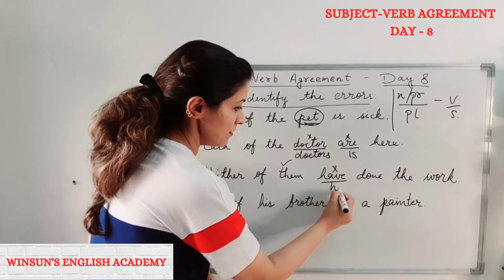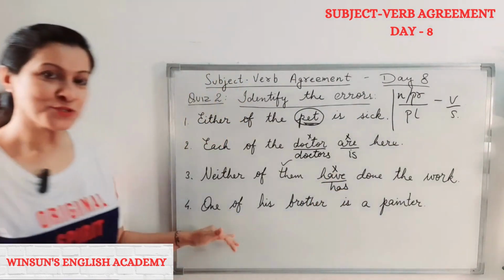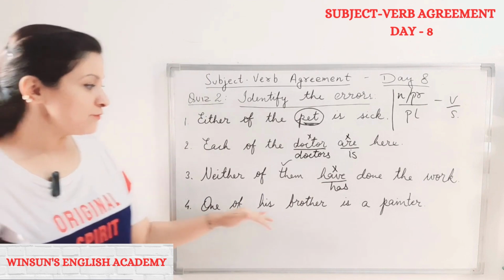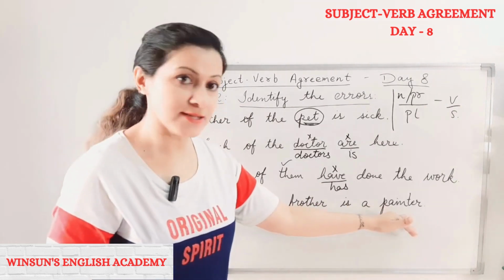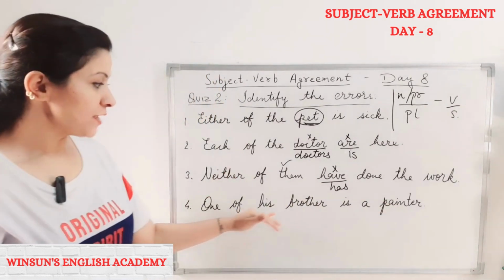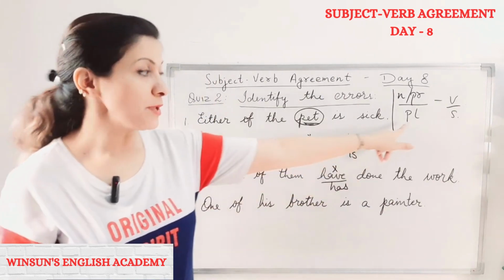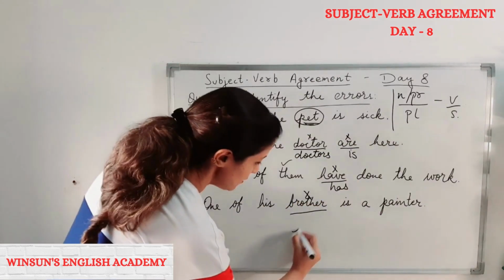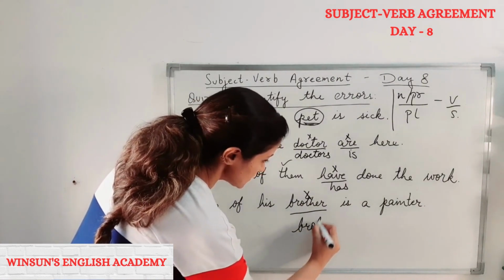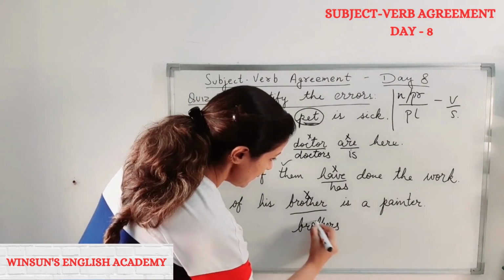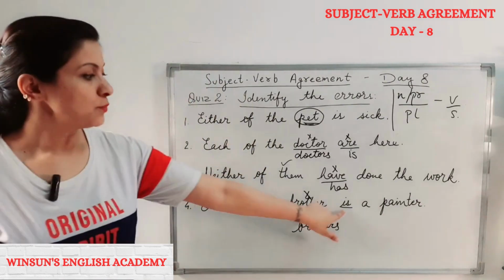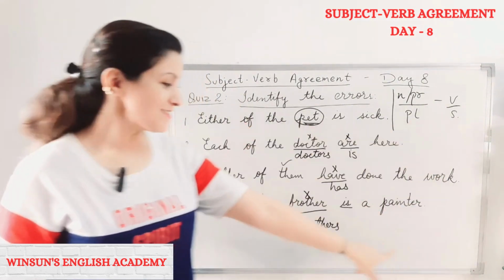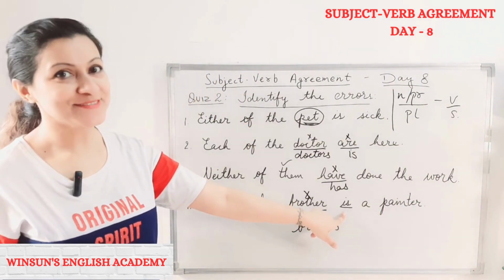It must be has. Let's move on to the fourth one. One of his brother is a painter. One of his brother, noun. Noun must be plural. So this is wrong. It must be brothers. Okay. And what about the verb? The verb must be singular. Is it singular? Yes. So this is correct.